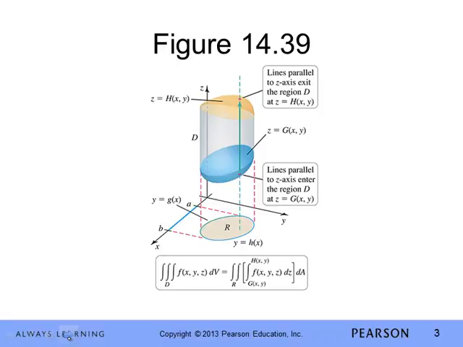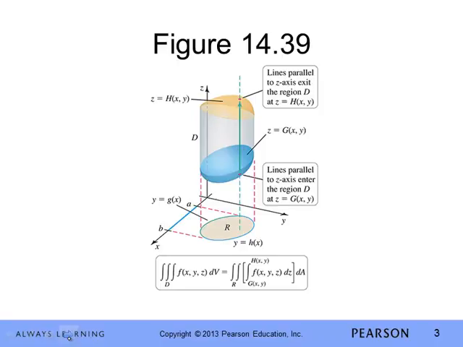Maybe z is bounded above by this surface up here, z equals h of x, y, some two-variable function. And then you project that three-dimensional region down onto the xy plane. Once you've figured out your limits for z, now you can figure out your limits for x and y down here on the xy plane, which you already know how to do from double integration.